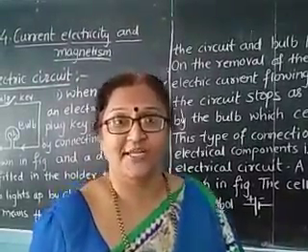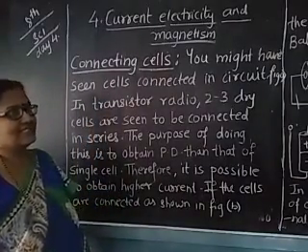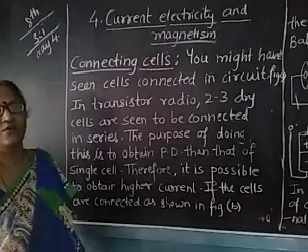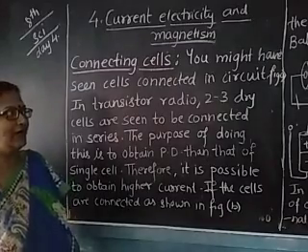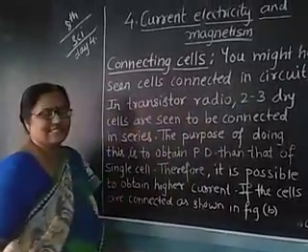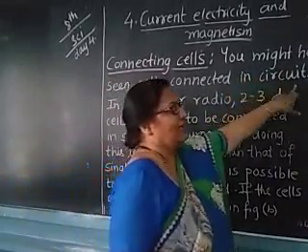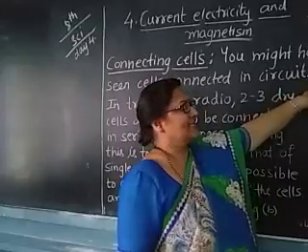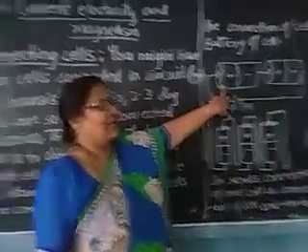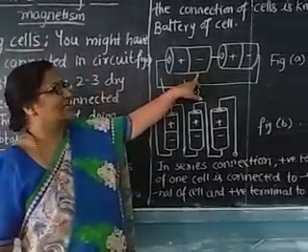The next point: we are going to see the connecting cells. These are called connecting cells because here one cell is connected to the other cell. You might have seen some cells which are connected in a circuit. For example, in figure number 1, or figure A, two cells are connected to each other.